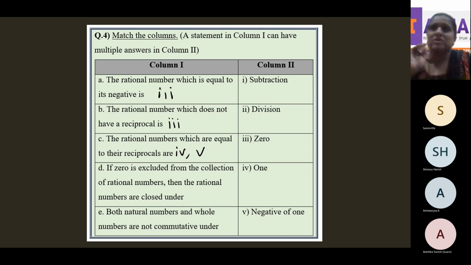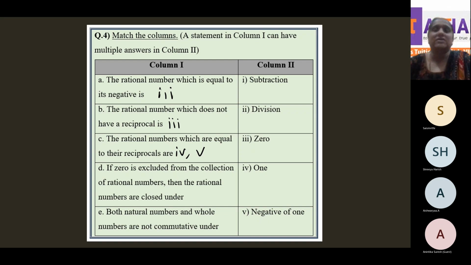We are too hasty, or we are not considering the meaning of the word closed. I've often seen children getting slightly confused. You're clear with the difference, but then some mental block at the time of answering. So we said only division, now subtraction and division. That's why you should take the meaning.